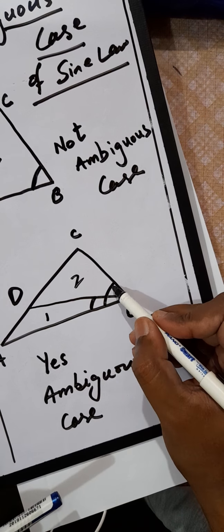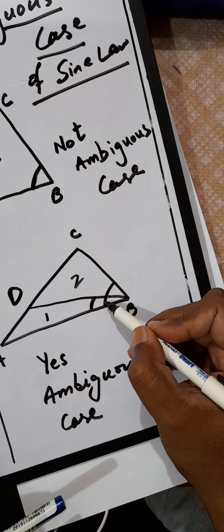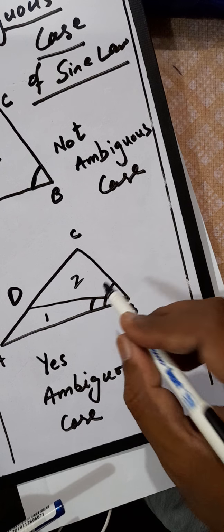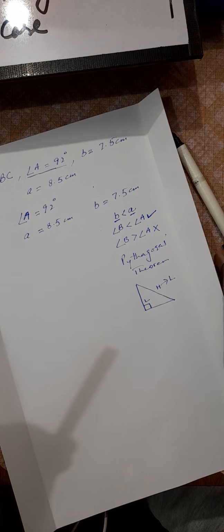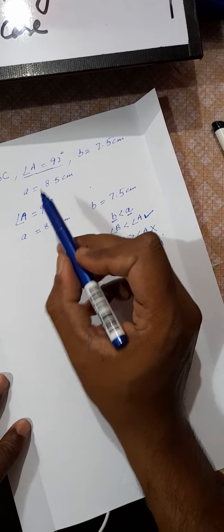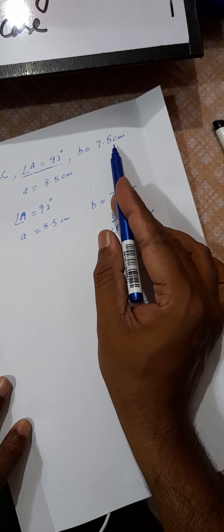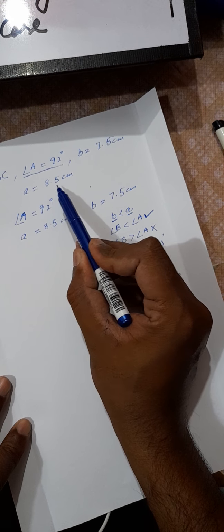But if we get two angles, and both of them are possible, then we can have an ambiguous case. Now look at this example again. This is angle 92, and b is 7.5, a is 8.5.